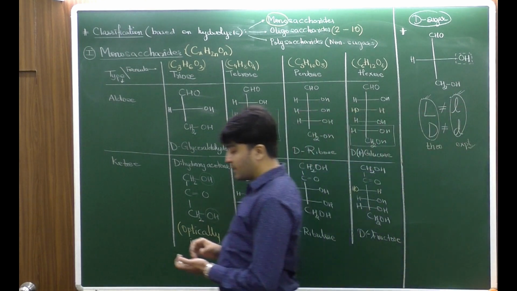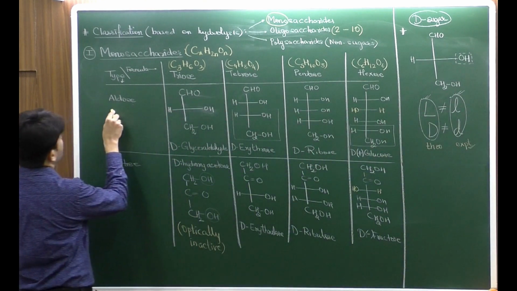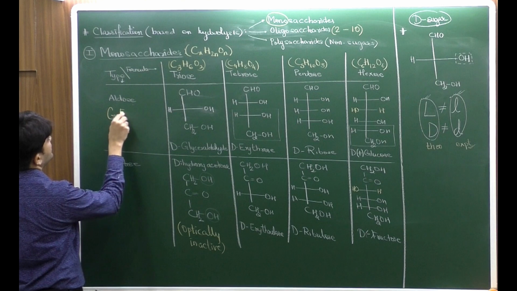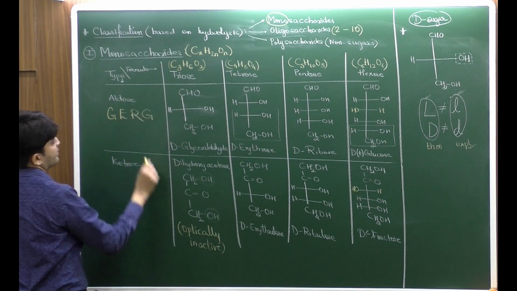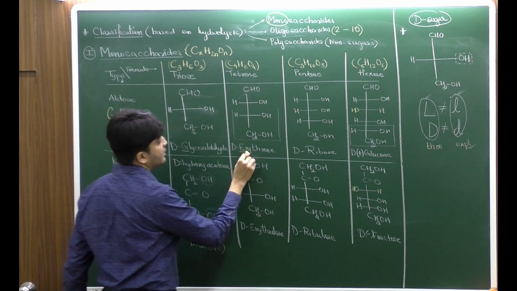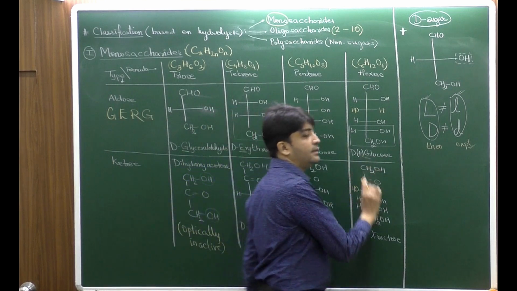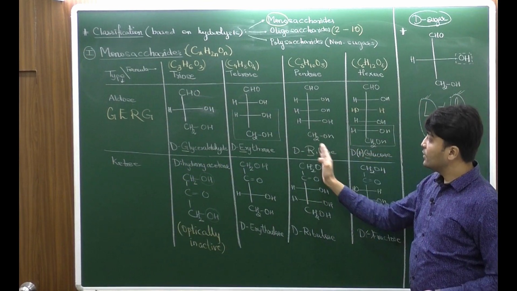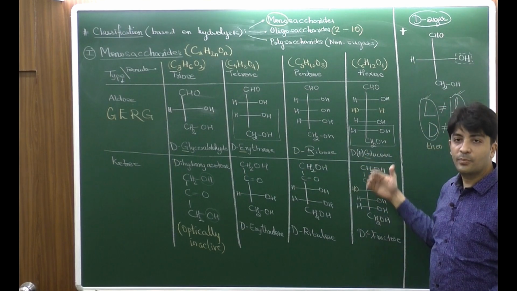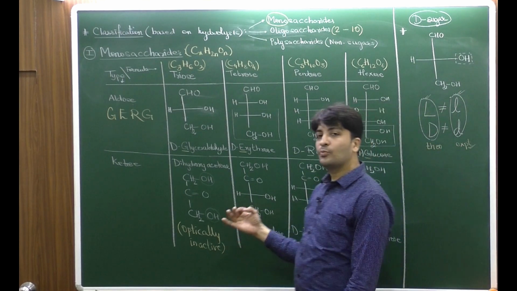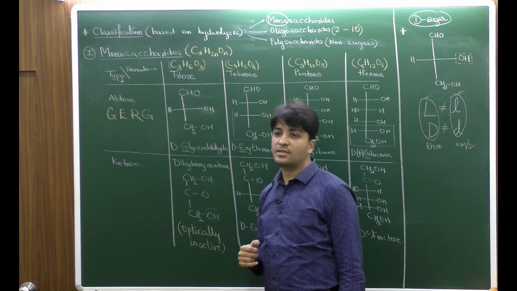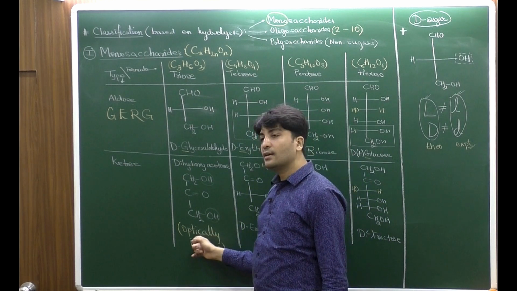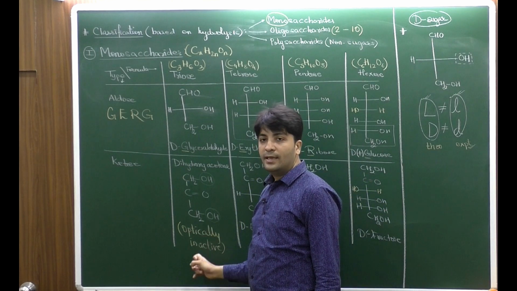Now to remember the names, the 4 names of the aldoses could be remembered as GERG in the sequence: glyceraldehyde, erythrose, ribose and glucose. Now once you remember this, opposite these are those 2 names, and the name of this one is very simple, only one has to be remembered. And in that also there is a simple important statement that it is the only carbohydrate which is optically inactive.